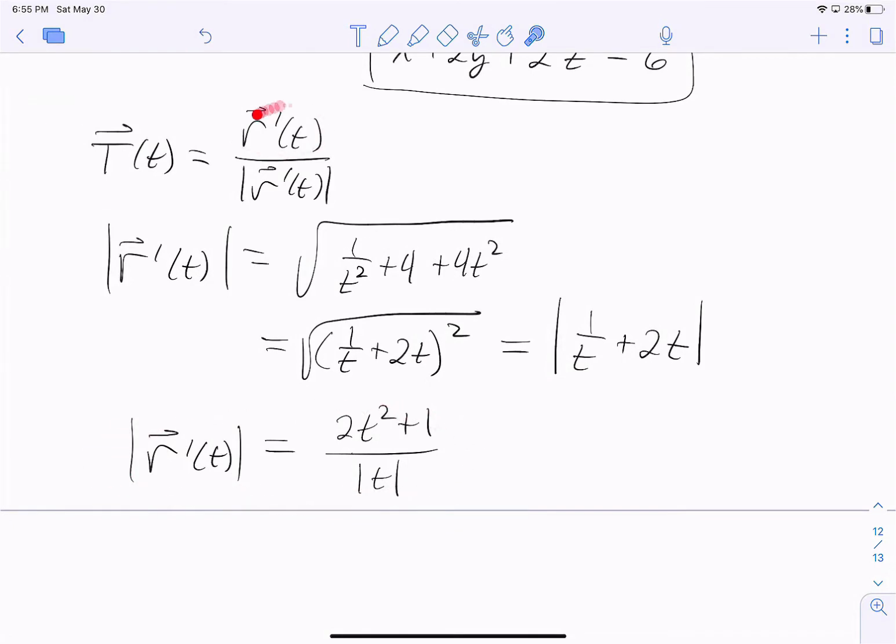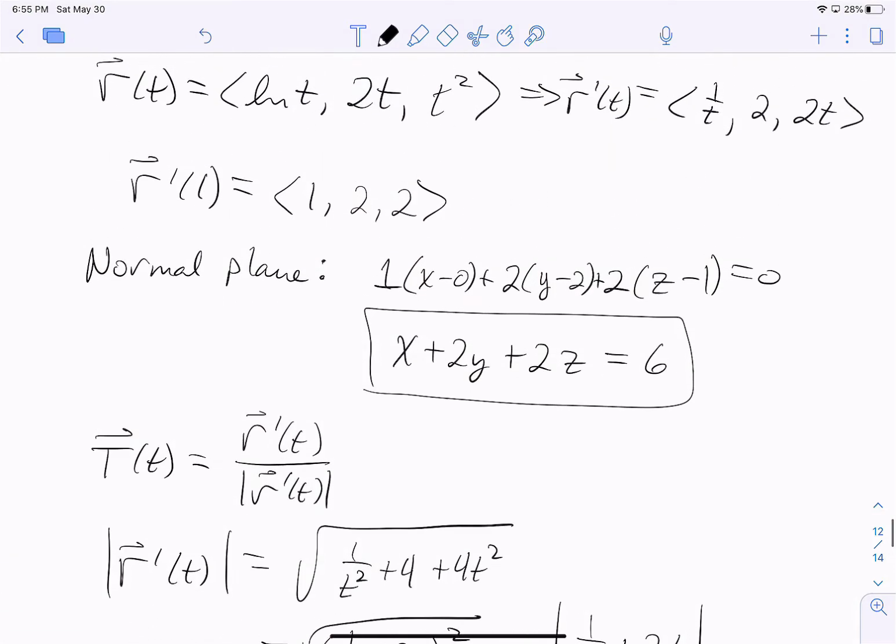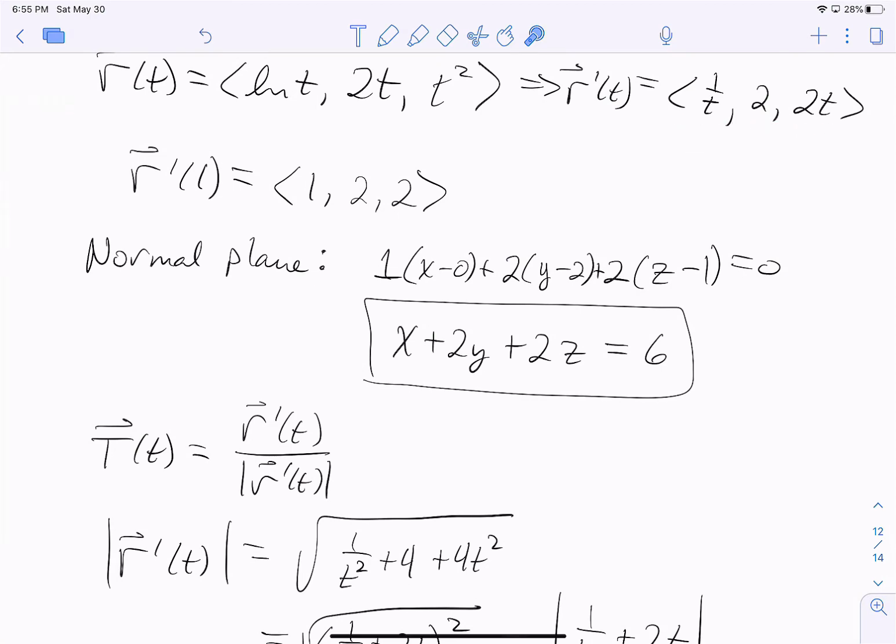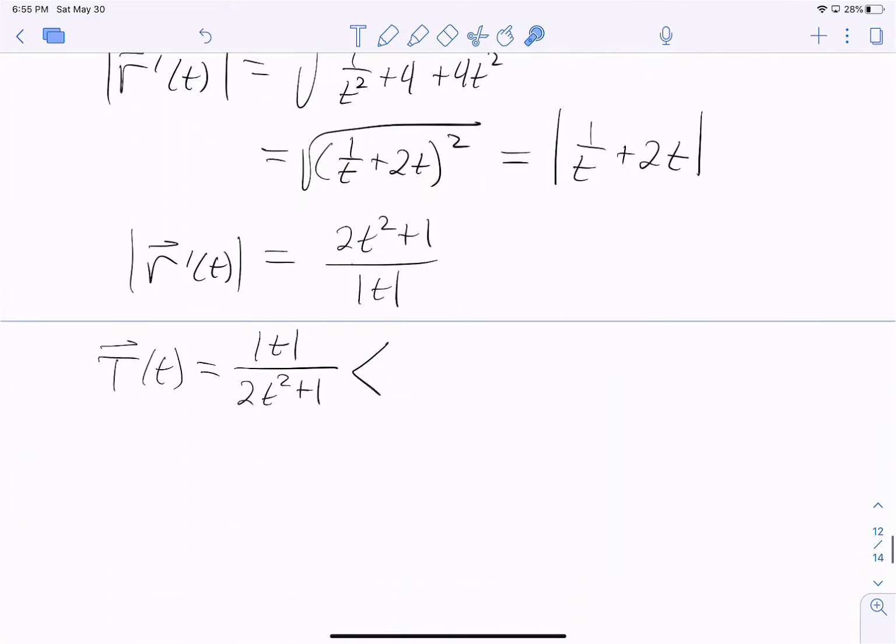Putting this together with r prime, we get that T of t is equal to the absolute value of t divided by 2t squared plus 1, right? So that's the reciprocal of the magnitude of r prime, times the vector r prime, which is 1 over t, 2, 2t.